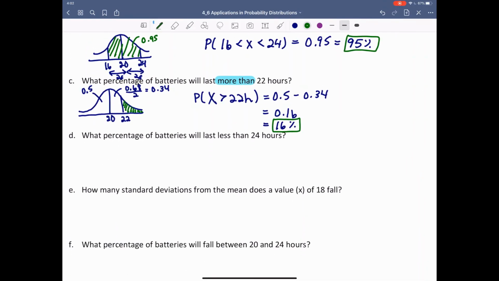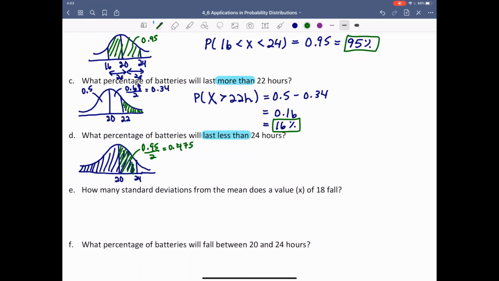In part D, what percentage will last less than 24 hours? So make a sketch. We know that 24 is 2 standard deviations above the mean. Less than 24 means everything to the left. So the area between 20 and 24 is 0.95 divided by 2, 0.475.